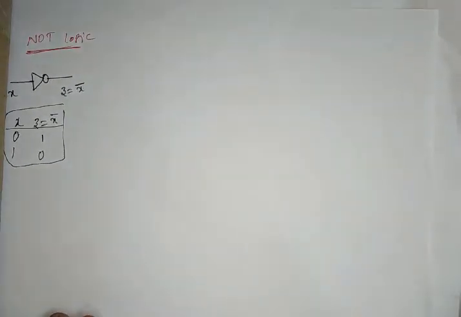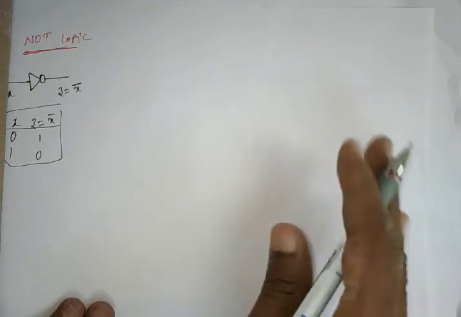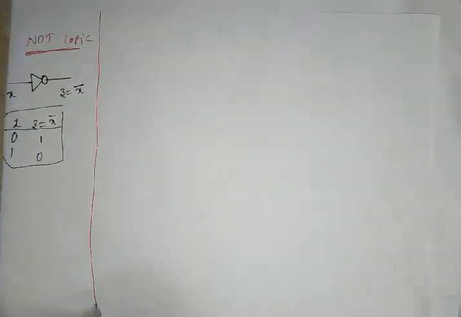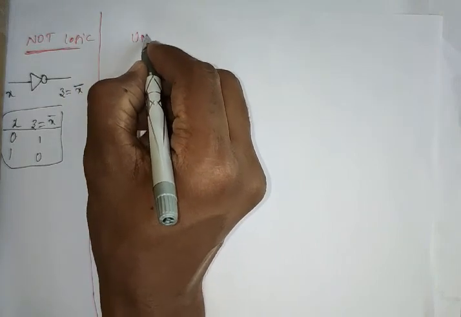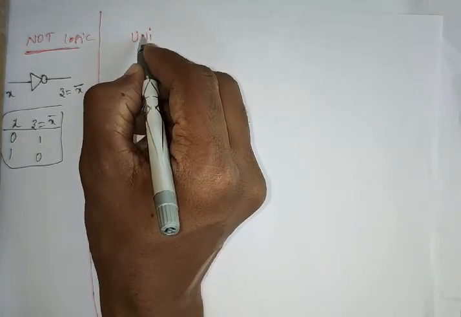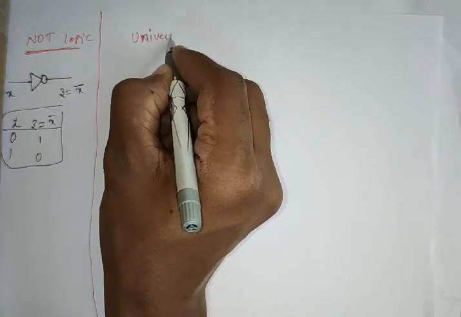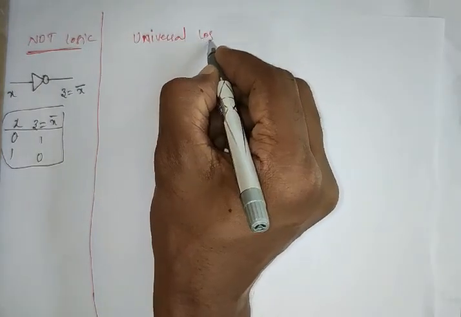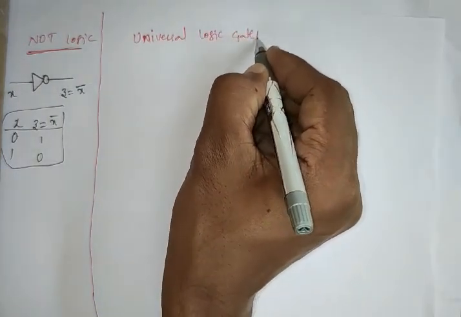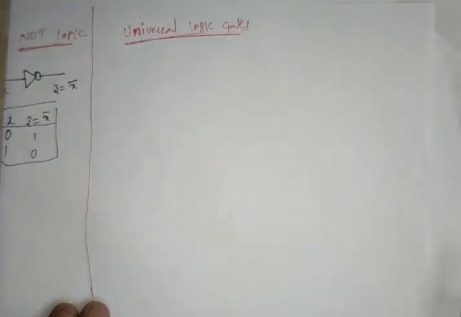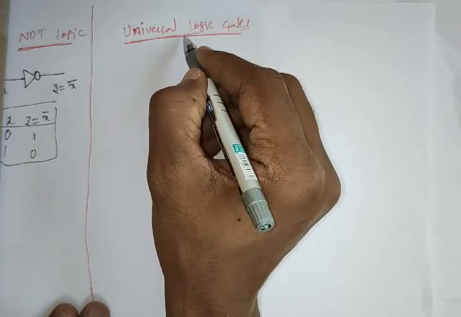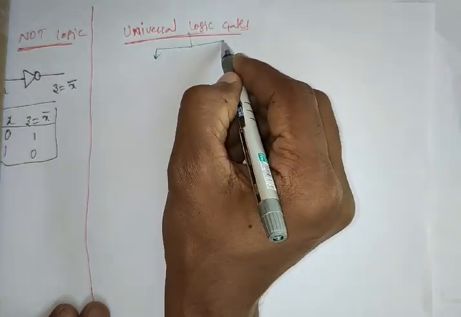Okay. Now we'll see what are the universal gates. Why it is called universal? Universal logic gates. So what are the universal logic gates? So here it is two functions.